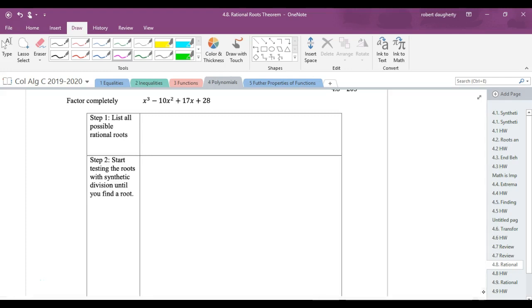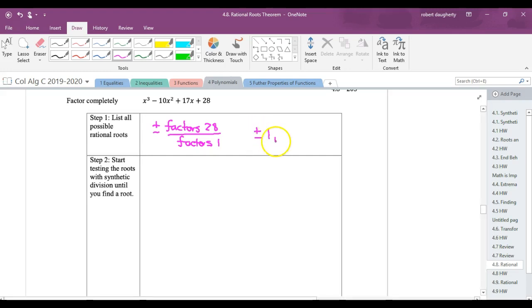So what are all the possible rational roots? It's going to be plus or minus the factors of what? Factors of 28 divided by the factors of what? 1. So that's just a fancy way of saying it's the factors of which number? Factors of 28, right? Because the factors of 1 are just 1. So what are the factors of 28?